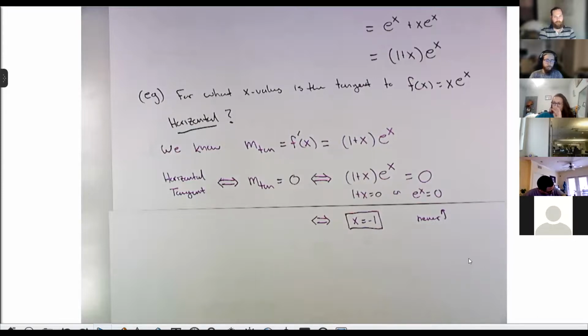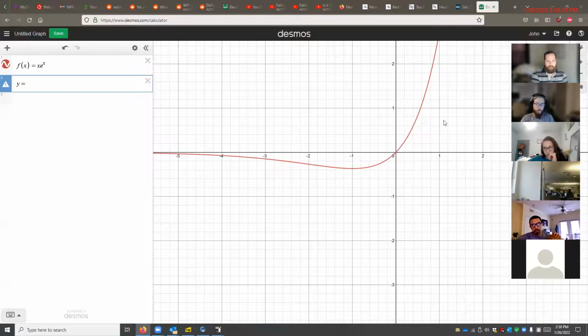Here she is. So here's the graph of x e to the x. You see it's got some curvy stuff going on. Right here at -1, that's where I have a horizontal tangent line. If you look at the tangent line at that point. I'm sorry, we can't see it. Oh, really? Okay, sorry. Let's share full screen. There you go. Is that better? Yes, thank you.